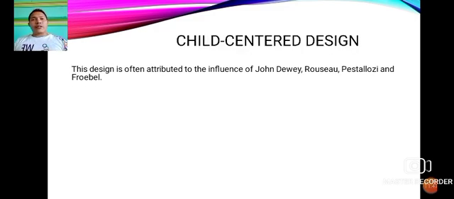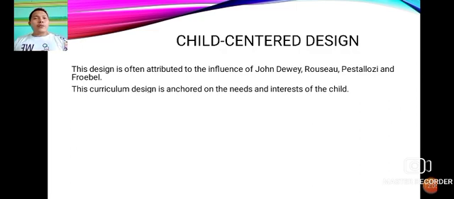This design is often attributed to the influence of John Dewey, Rousseau, and Pestalozzi. I cannot pronounce the word, correct me if I'm wrong. Pestalozzi and Froebel. So this curriculum design is anchored on the needs and interests of a child.